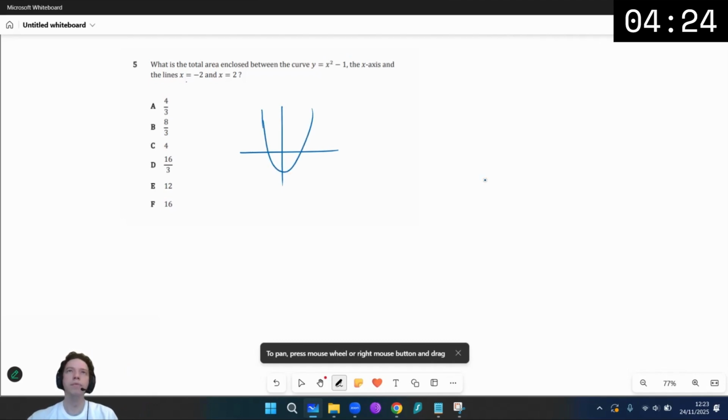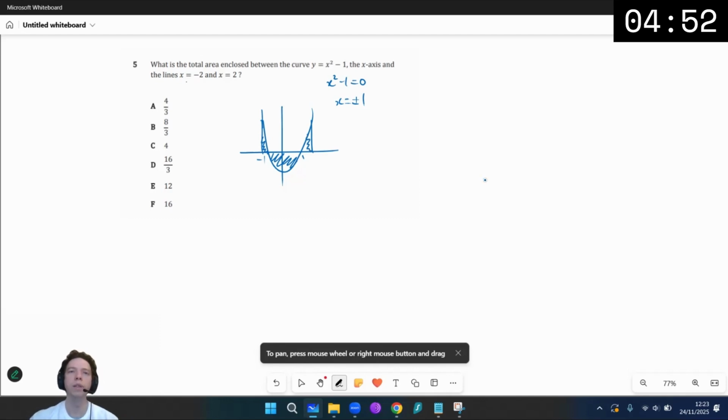So what are these roots here? You just need to solve x squared minus 1 equals 0, which gives you x equals plus or minus 1. So 1 and -1. So the total area between the lines x equals -2, x equals 2, and the x-axis: we want this, plus this, plus this.